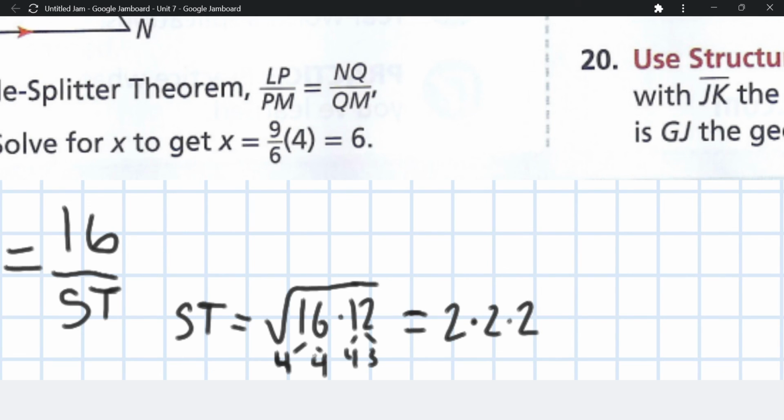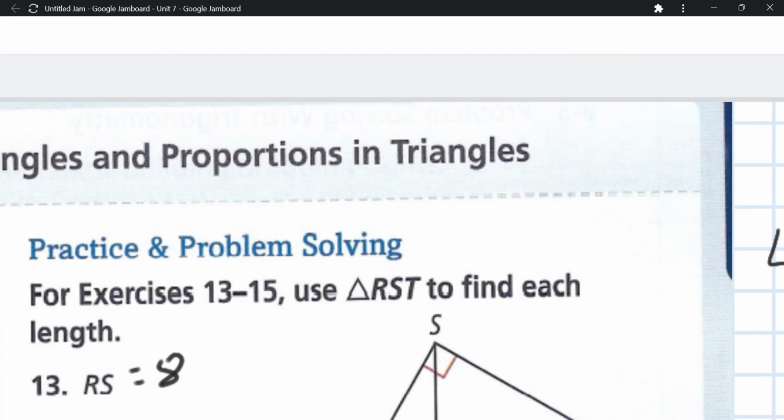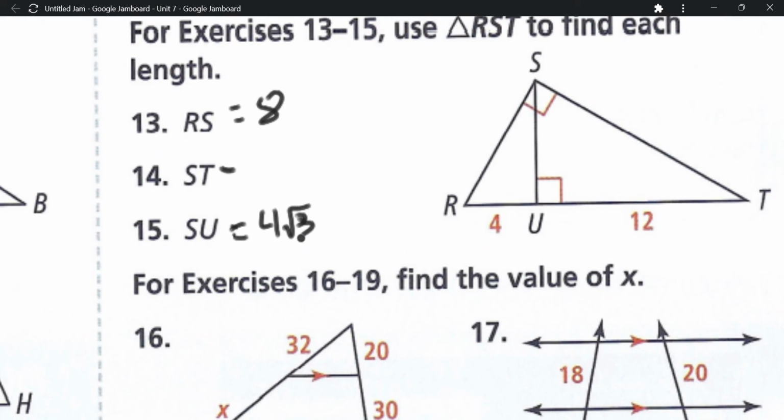So those are all gone, and then that 3 stays under. So my answer is 2 times 2 times 2, which is 8, radical 3. This number here is equal to 8 radical 3.